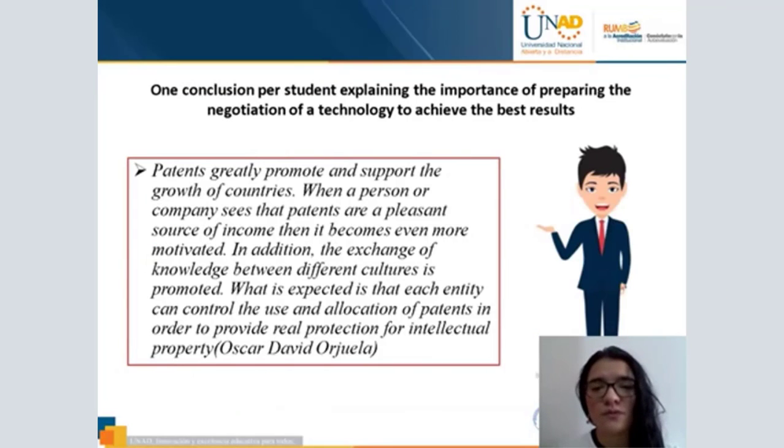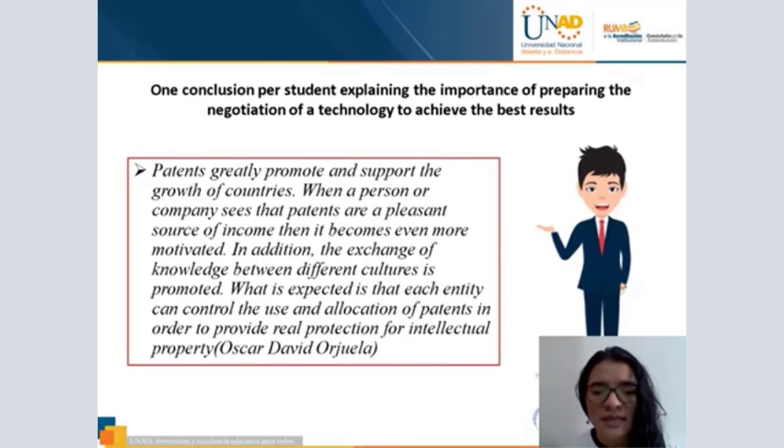One conclusion that explains the importance of preparing for the negotiation of technology to achieve the best result. Patents greatly promote and support the growth of countries. When a person or company sees that patents are rewarding, such as through income, then it becomes even more motivated.